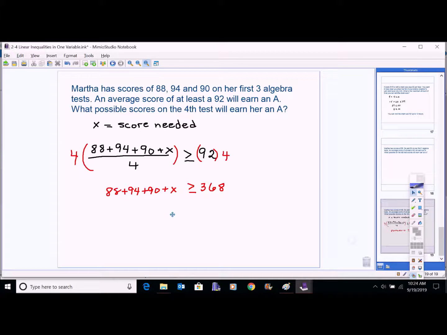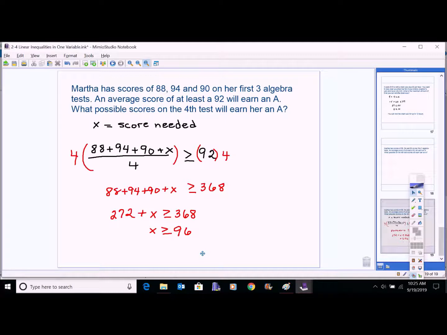These things are all here, so then you use your amazing addition skills, and you add them all up. And you should get 272. Then your amazing algebra skills where you subtract the 272 from both sides. And there we go. X is greater than or equal to 96.